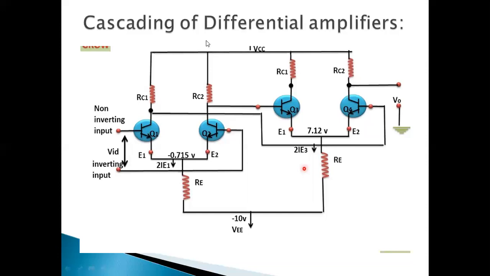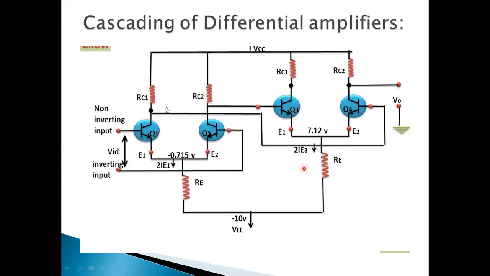Here this figure represents two stages, and each stage consists of a differential amplifier. Here we have one differential amplifier, here we have another. The output of the first differential amplifier is directly passed to the second differential amplifier, or second stage. This type of connection is known as cascading.